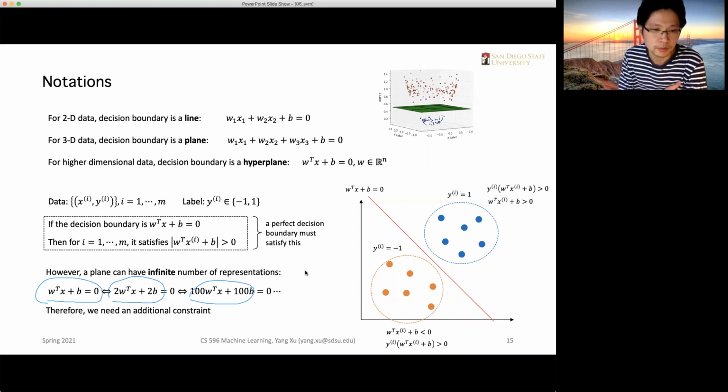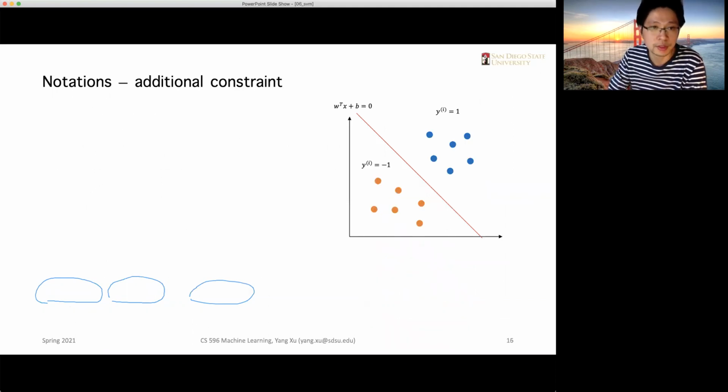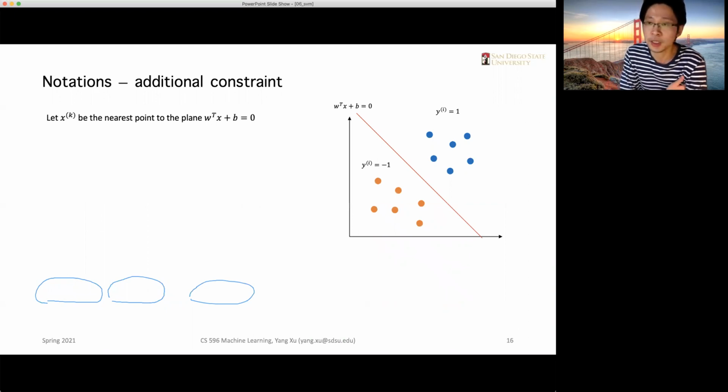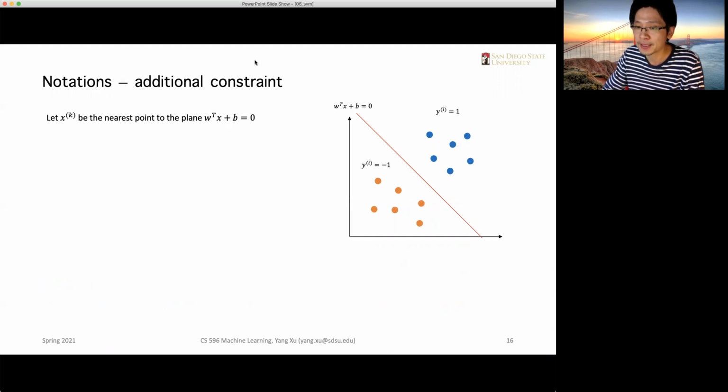The additional constraint that we consider has something to do with the nearest data points. For example, let x superscript k be the nearest point to the plane.